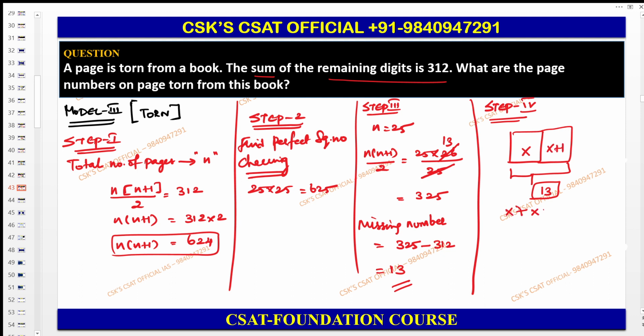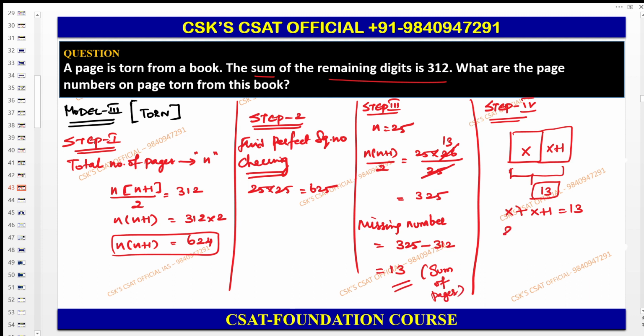I hope people are getting now why I explained these things in the beginning. What to do here? Torn means obviously one page you are turning, so it will remove x and x plus 1. The sum has been provided, which means the missing number is 13. This 13 is nothing but the sum of the pages.